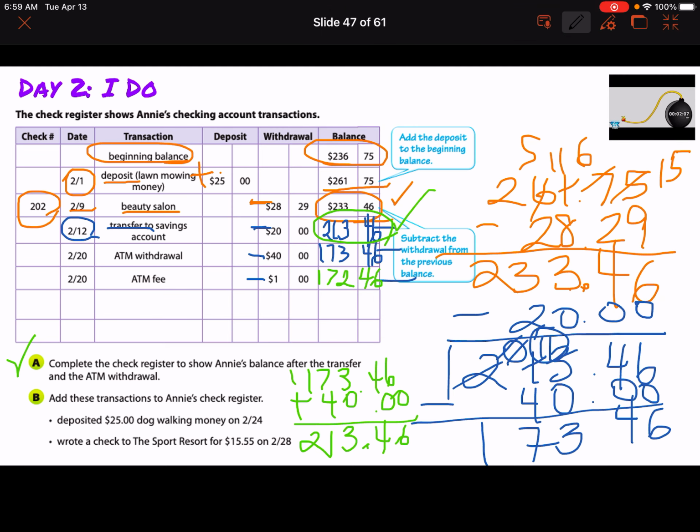So we have deposited $25, so she earned the money from what? Dog walking on February 24th. And as you see, the check register is usually in chronological order. So we could write deposit, and then in parentheses we can write dog walking.